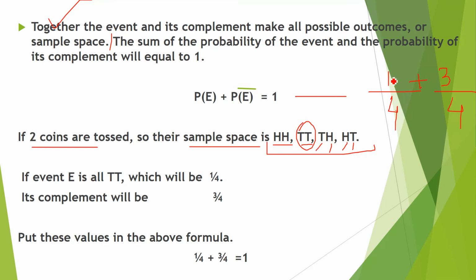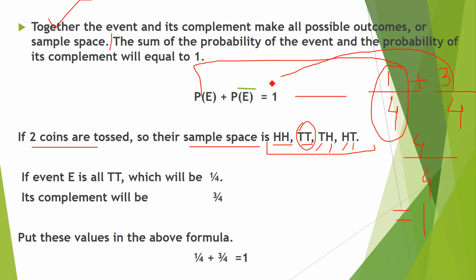When we add these, because the denominator is the same, it will be 4 by 4, which is equal to 1. So probability of the event plus probability of the complement always equals 1, and I have proved it here.